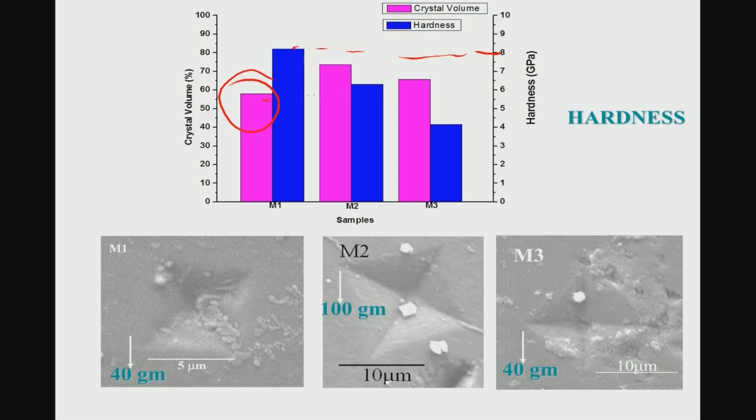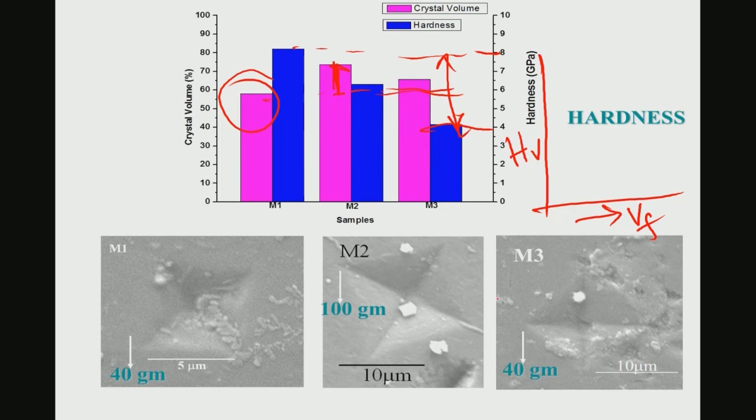Essentially, by varying the base glass composition, the crystal volume fraction varies in the window of 60 to 70%, and the hardness varies in the range of 4 to 8 gigapascal. Another interesting thing is that if you plot the volume fraction of the ceramic phase in the glass matrix, with hardness along the y axis, normally one would expect that the larger the volume fraction of crystals, the higher the hardness, but that is not observed here, simply because the morphology changes as you go from M1 to M2 and from M2 to M3.